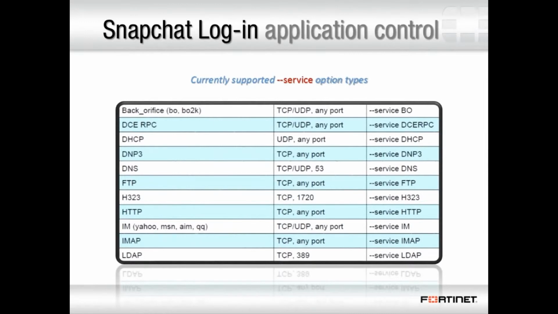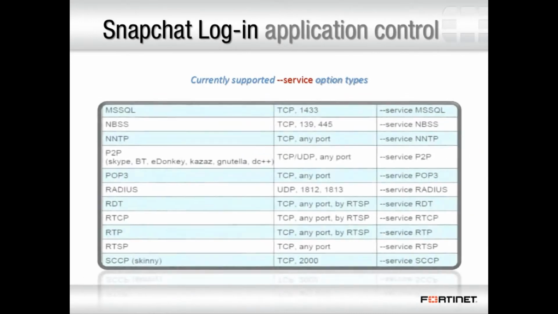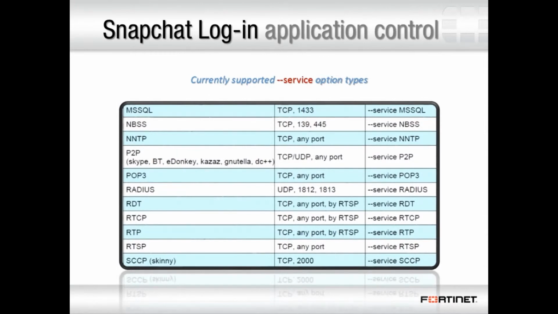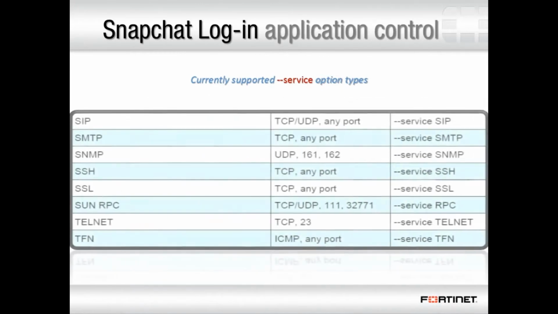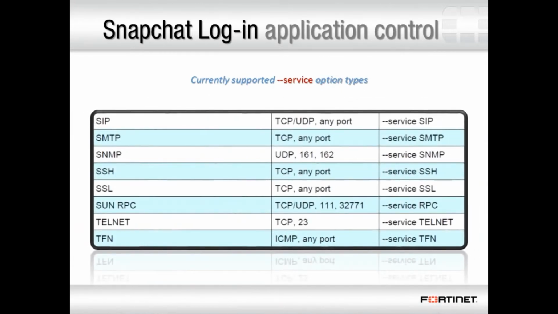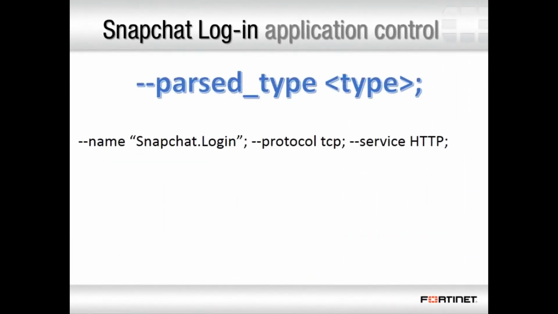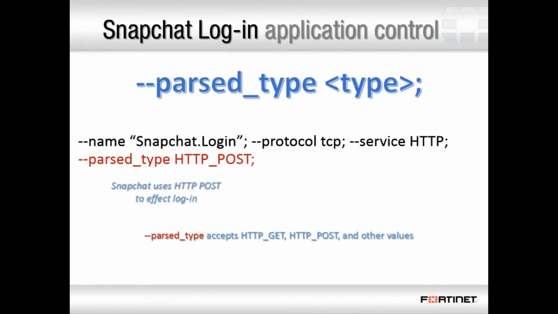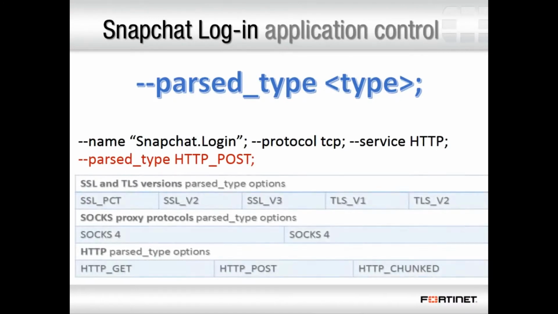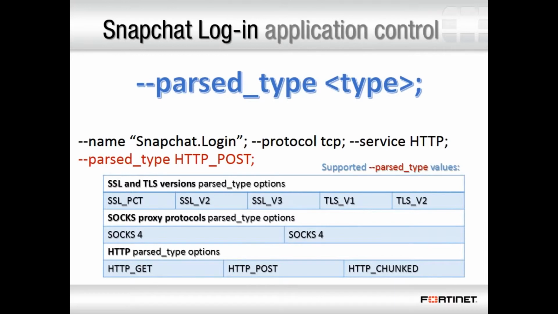Many other service types are supported. The parsed type option can accept HTTP GET and HTTP POST values. Here we want POST. Here are the other supported values for the parse type option.